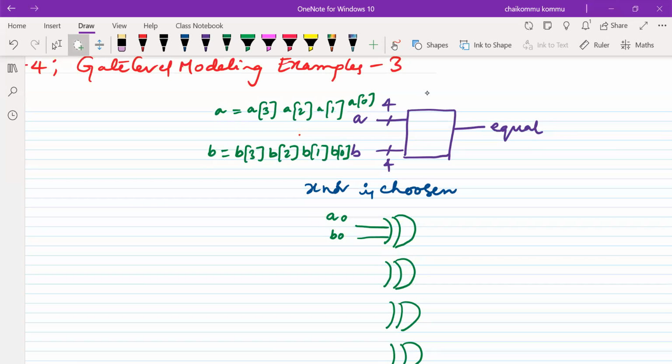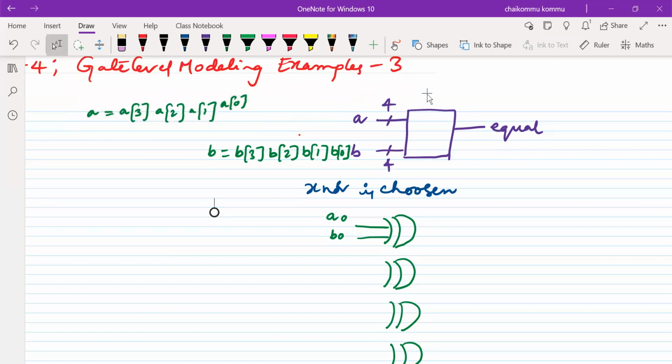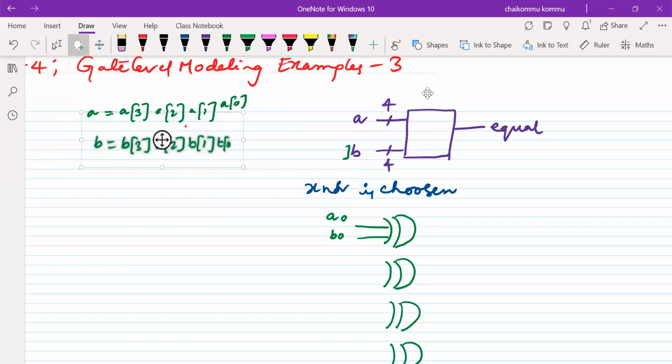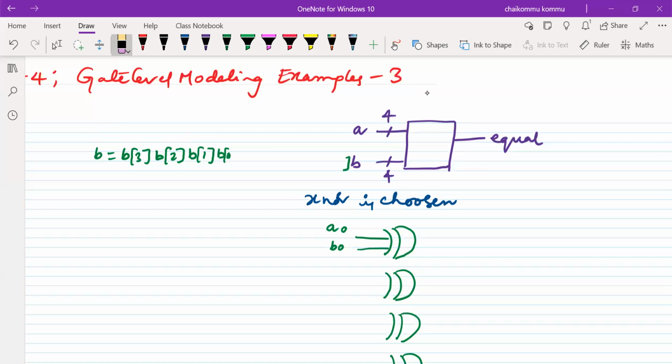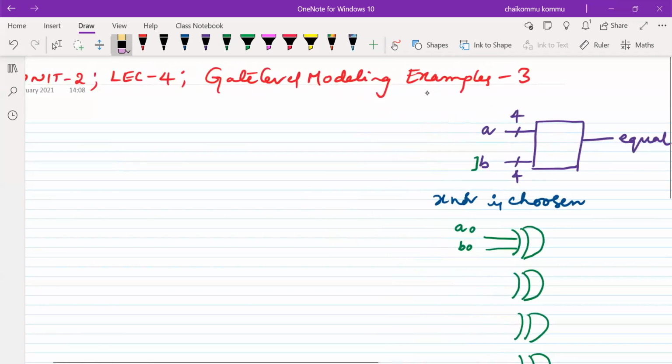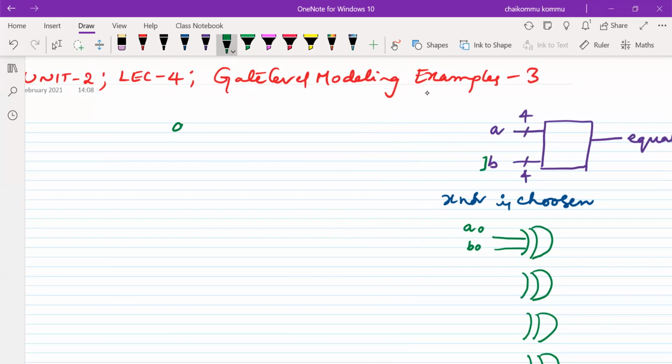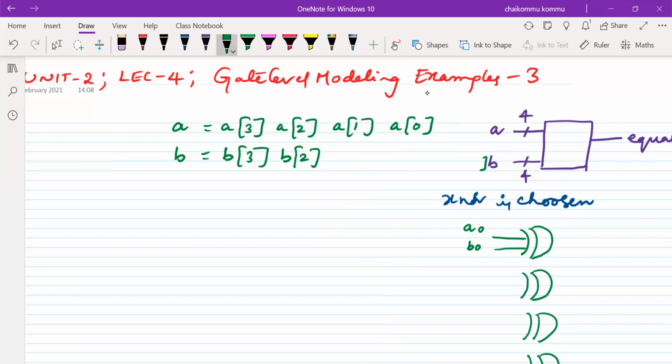Here A stands for A of 3, A of 2, A of 1, A of 0, and B stands for B of 3, B of 2, B of 1, and B of 0.